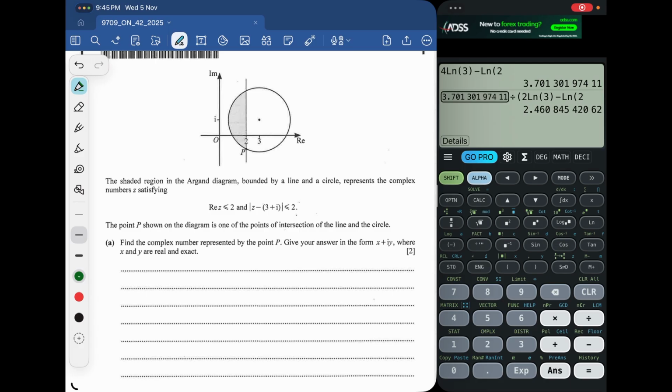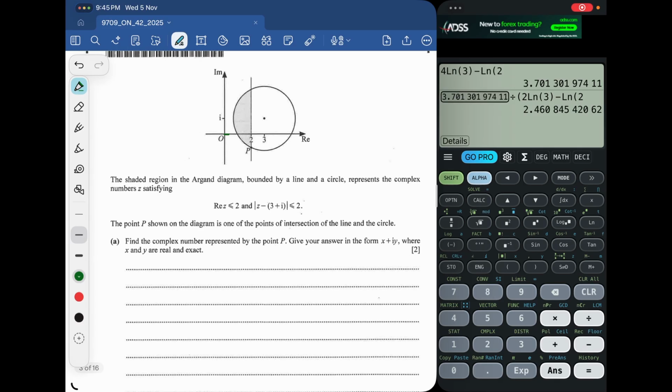So I'll just go through the question. So obviously we need to go like this, then like this. So we know that is 2, so we need to find that point. So we know the center of the circle is (3, 1).